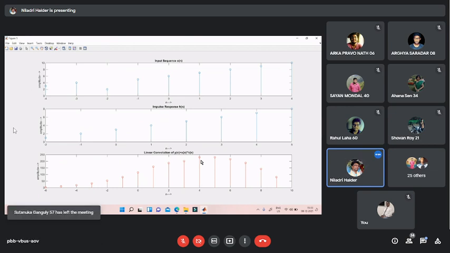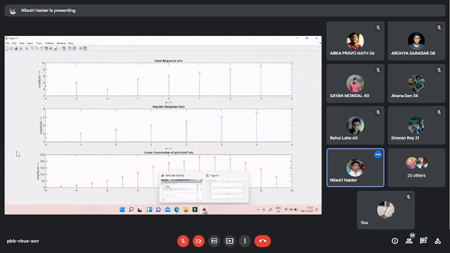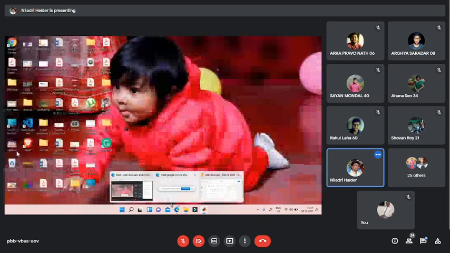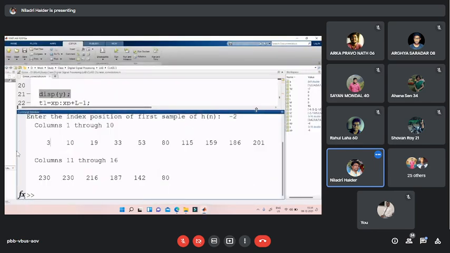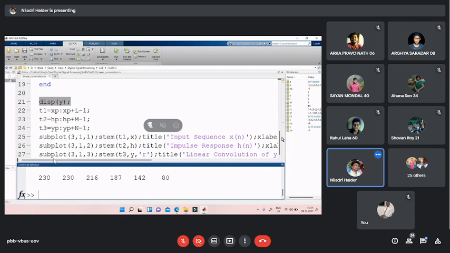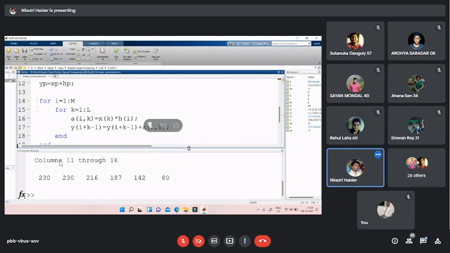So it is clear how to do that? Yes, sir. Okay. Then just check that part and take a screenshot of that part.